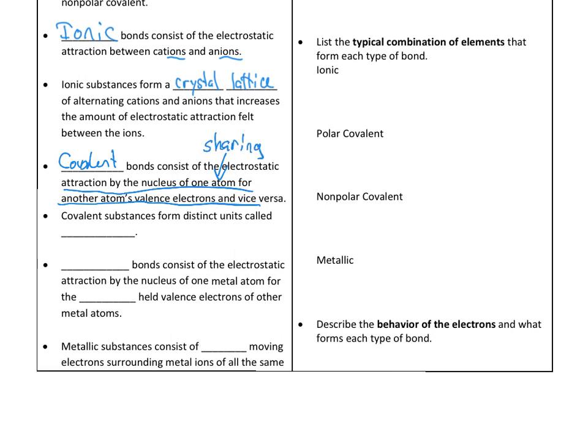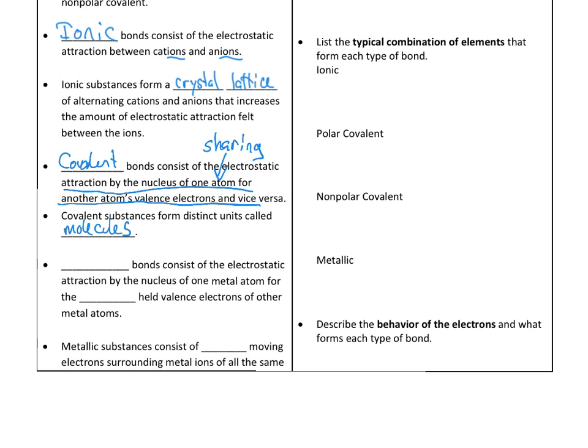That's what we mean when we're talking about sharing. Covalent substances form distinct units called molecules. And you should recognize that this is stuff we've written down on those doodle notes on that summary chart. That's where this information is.